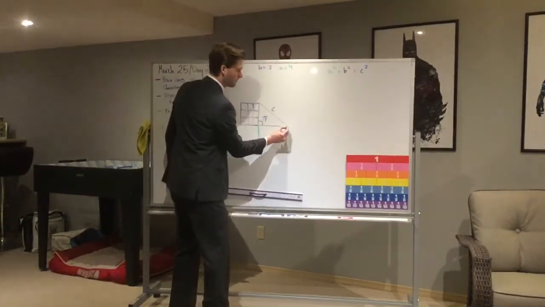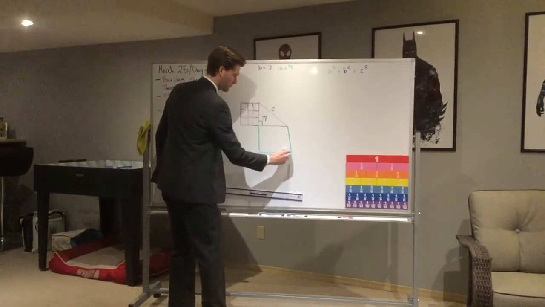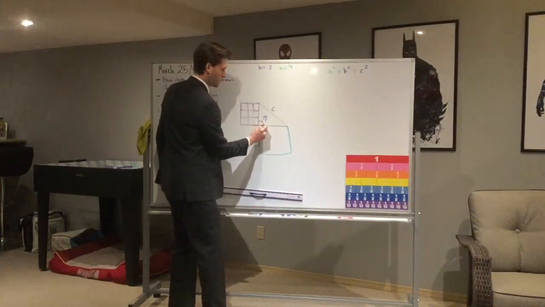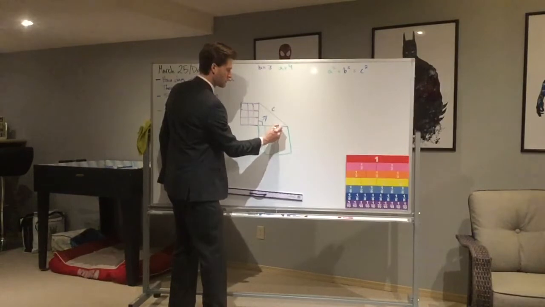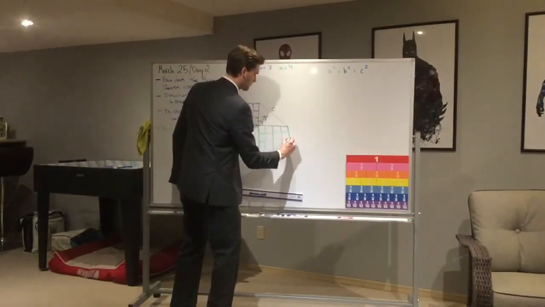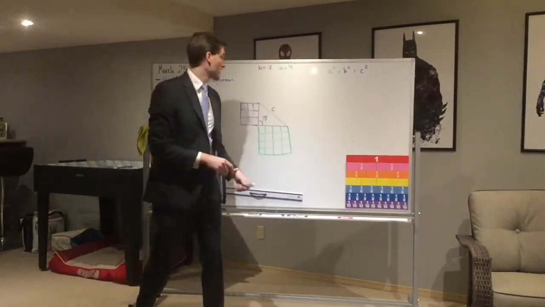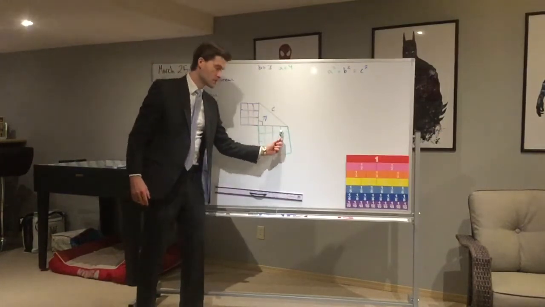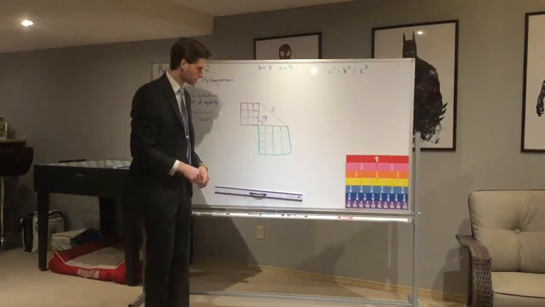Not really. And I'm going to split this. So what the theorem is saying is if I add up all the squares here, and I add up all these squares here, it should equal the amount of squares for here.